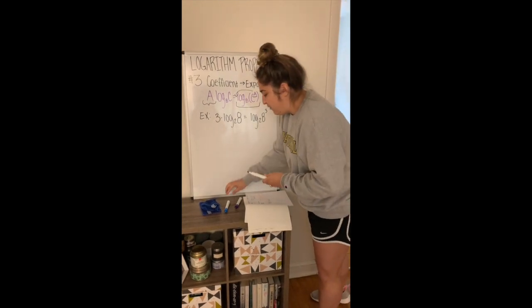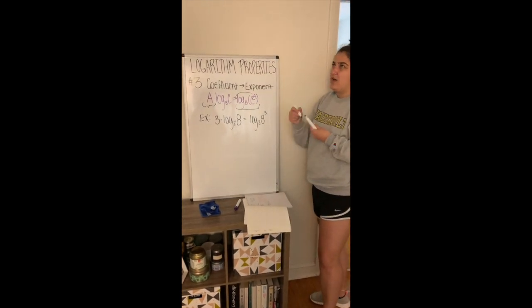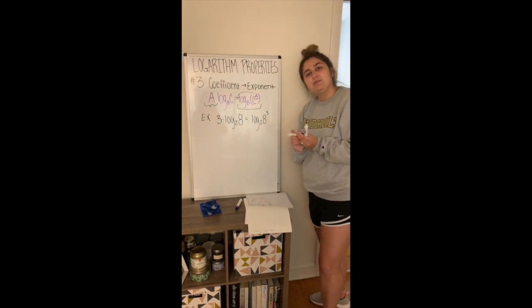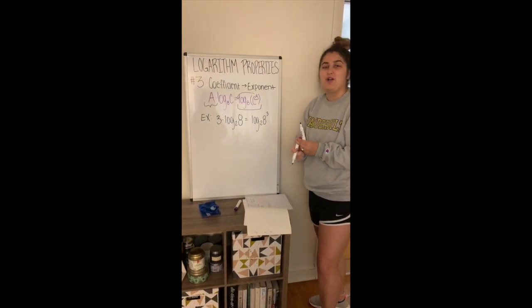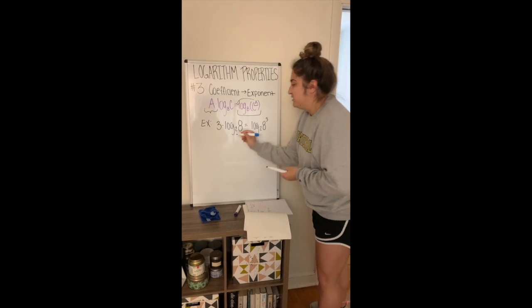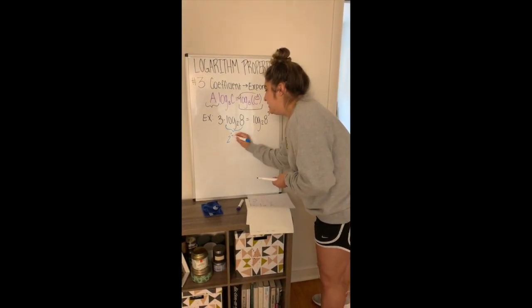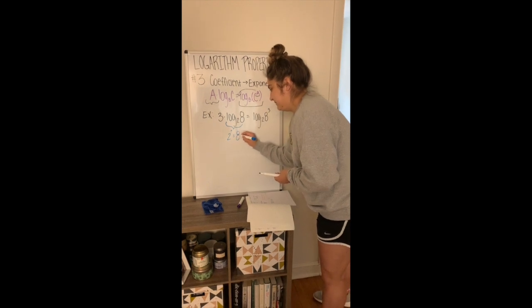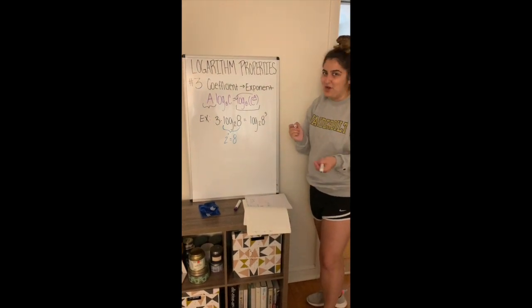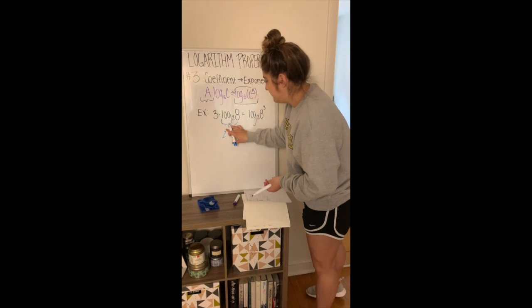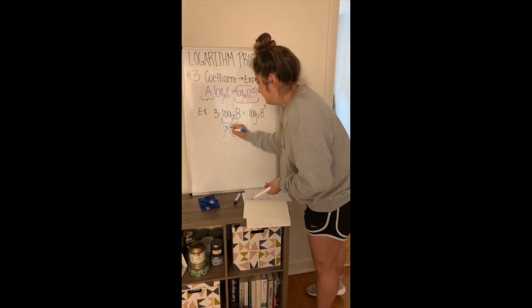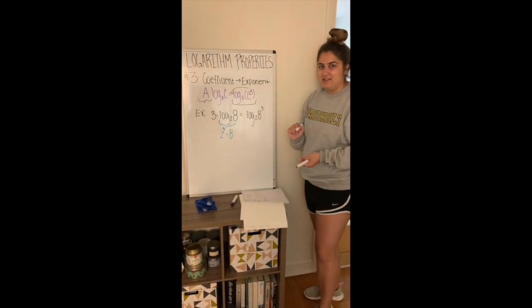So a couple videos ago, we learned how to go from exponential form to logarithmic form and from logarithmic form to exponential form. So we know that this is saying 2 to the what gives me 8. And we know that 2 to the third power gives me 8.